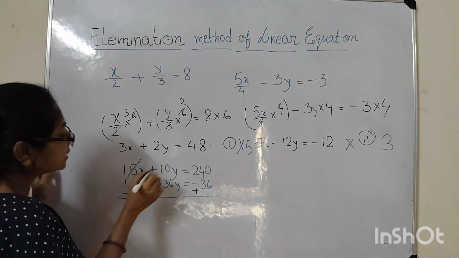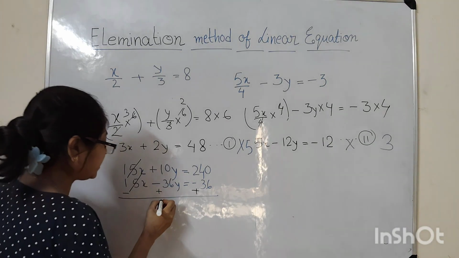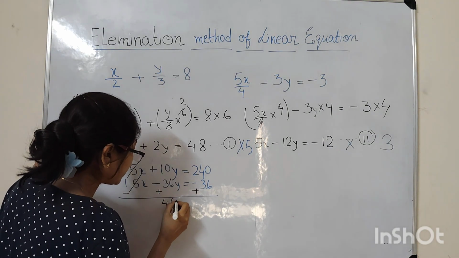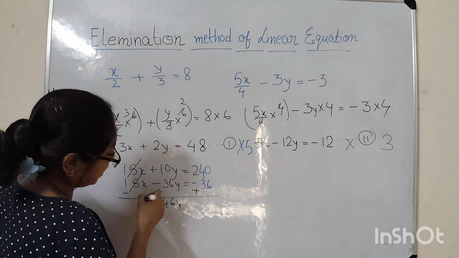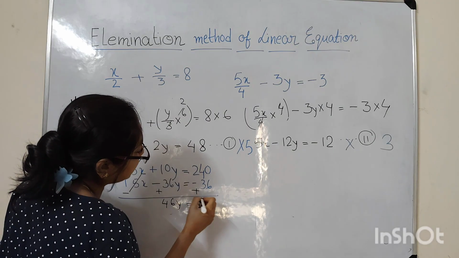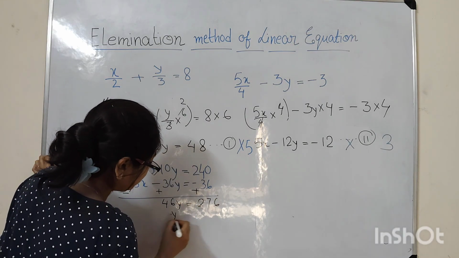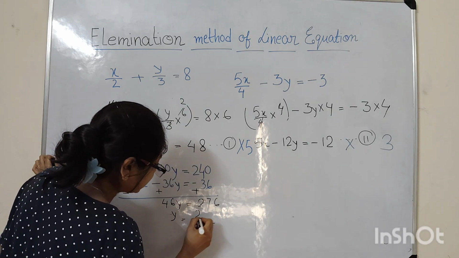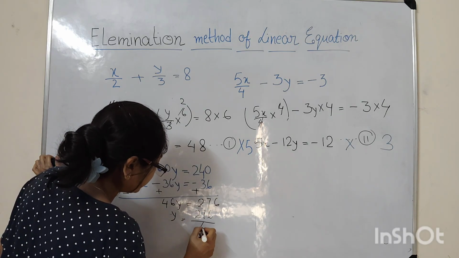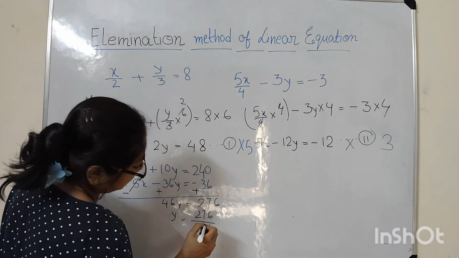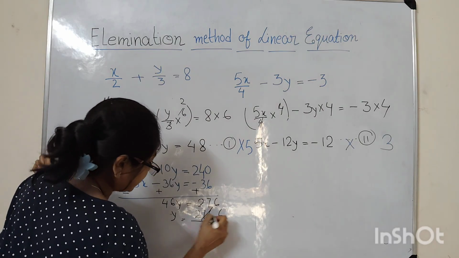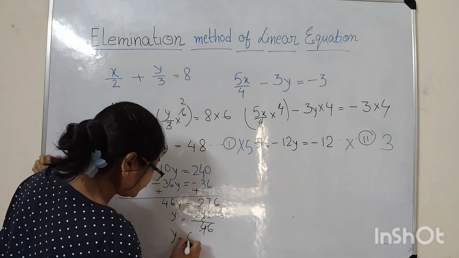This is cancelled. 36 plus 10 means 46y, and there is a big number, so it is plus, I do not write anything. And this is 276. 276 by 46 is 6. y is equal to 6.